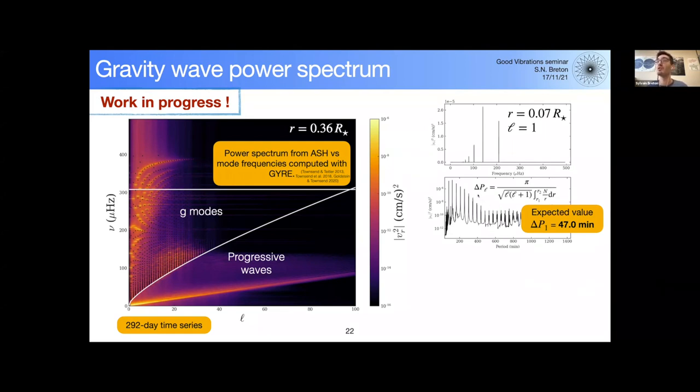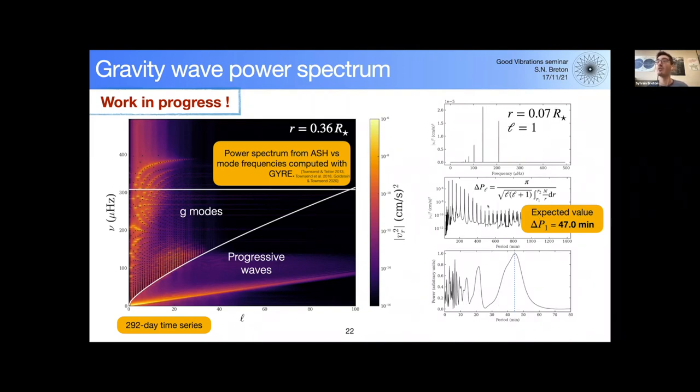From this asymptotic formula, the expected value for the period spacing is 47 minutes. And when I measure the value in the simulation signal, I get a delta P1 signature centered at 44.6 minutes, but with a large uncertainty, due to the fact that we take into account some modes that are not asymptotic, for example.